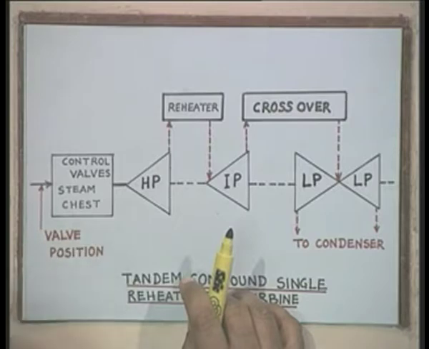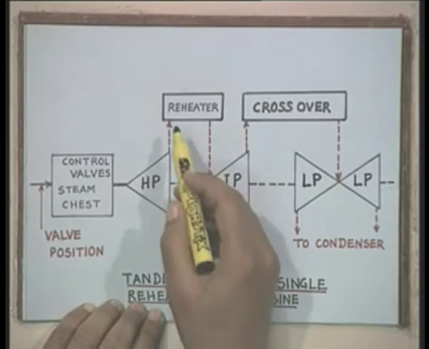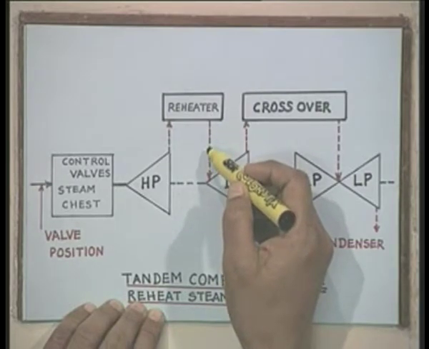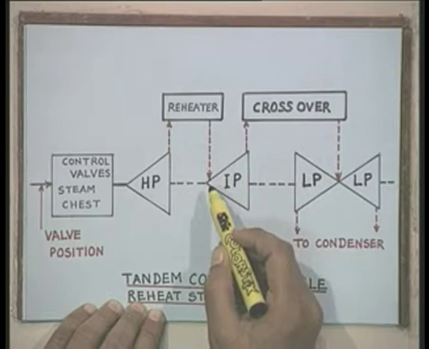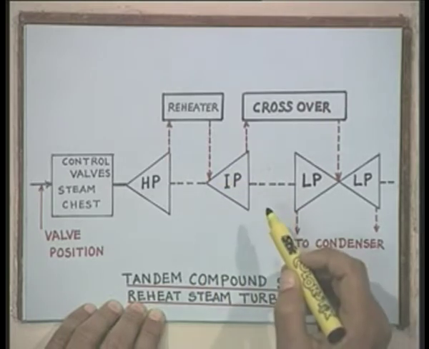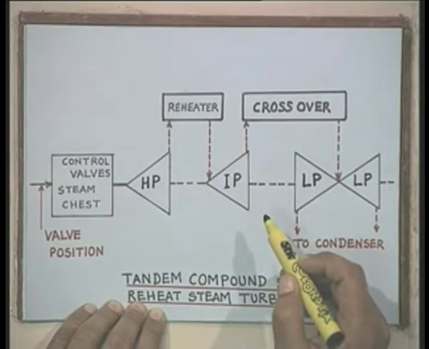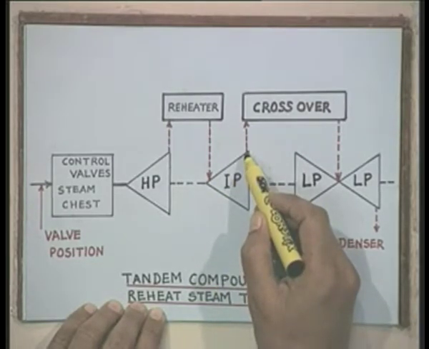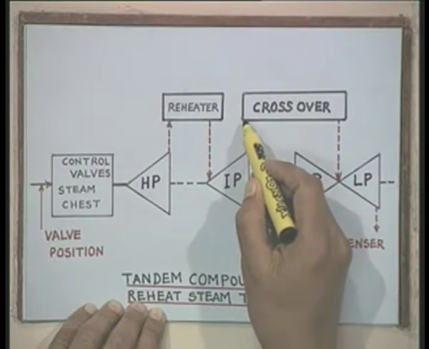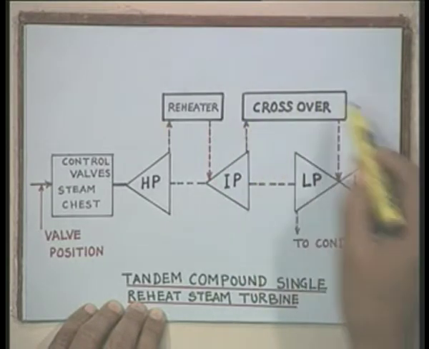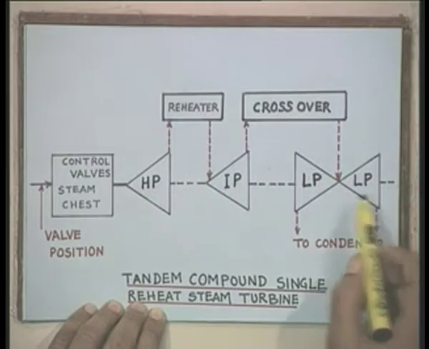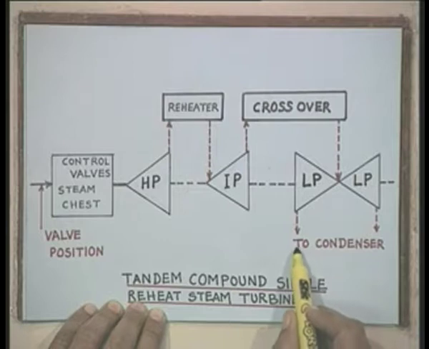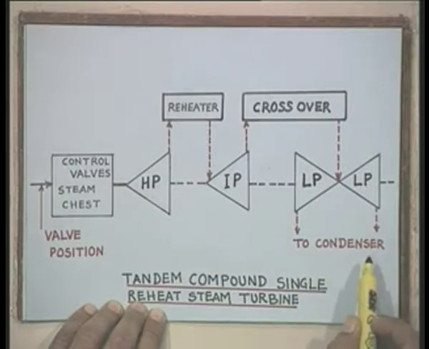Therefore, it is sent to the reheater. After reheating, the steam is in the superheated condition again, and then it enters the next stage of the turbine, called the intermediate pressure turbine section, IP. The steam leaving the intermediate pressure section enters the low pressure sections through crossover pipings, and then it is exhausted to the condenser.